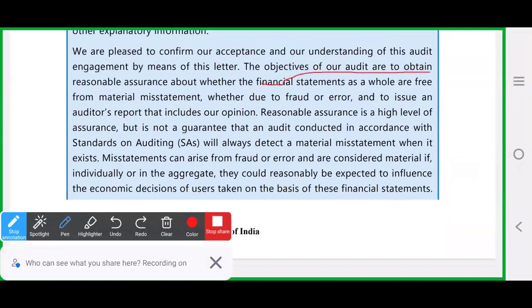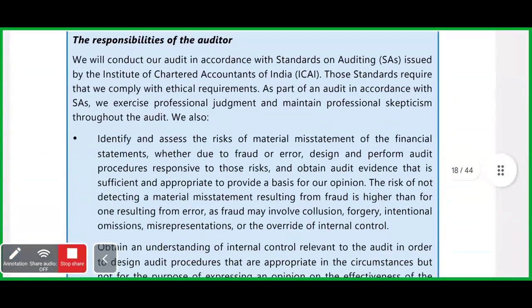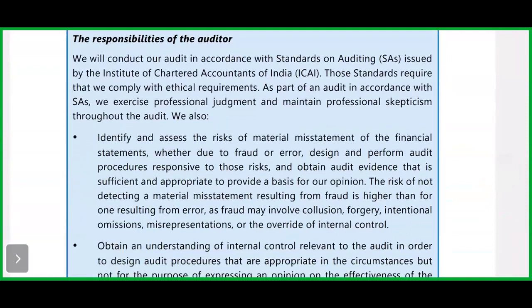Objective of audit is to have reasonable assurance. Reasonable assurance is a high level of assurance, but not a guarantee that the audit is conducted in accordance with SAs. And the responsibility of the auditor is clearly mentioned here.